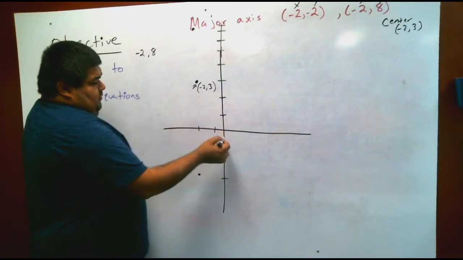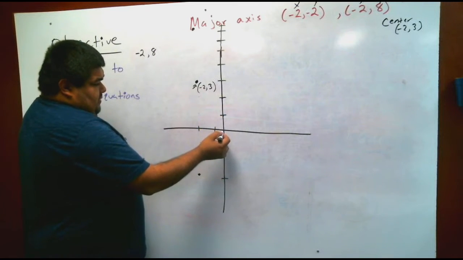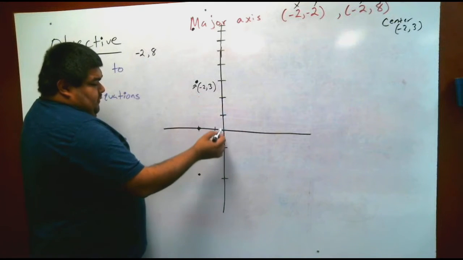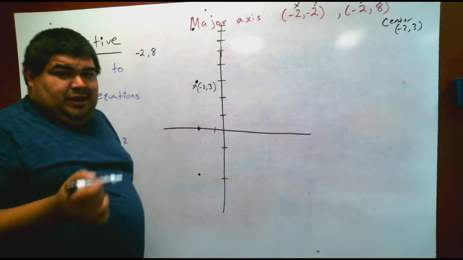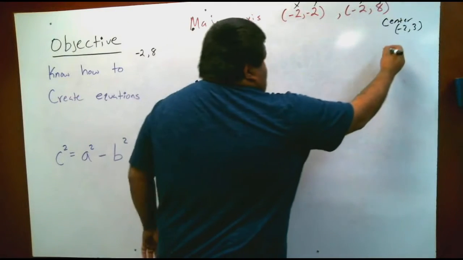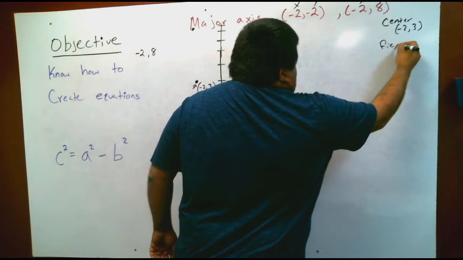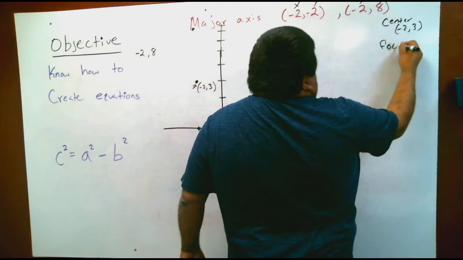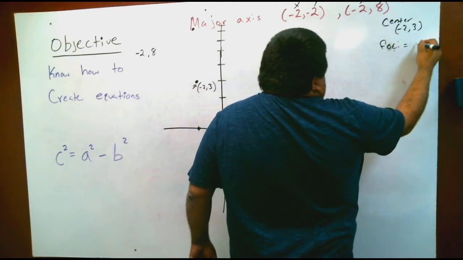So that means 1, 2, 3, which is the center, because we have 3 in each direction. So we have our foci, a distance of 3.